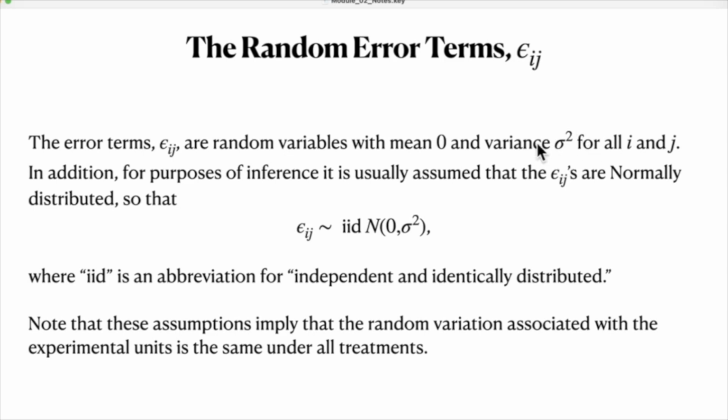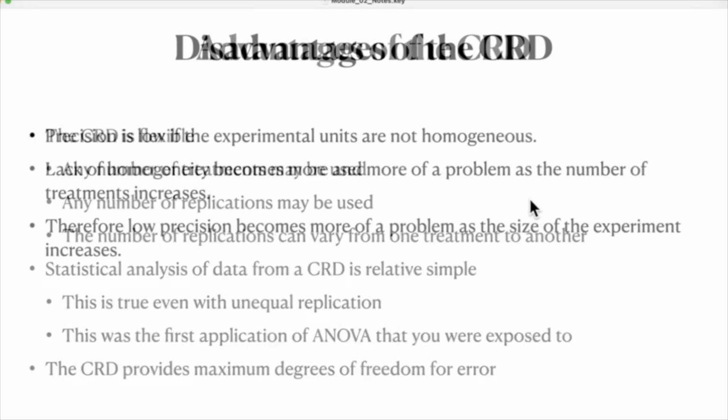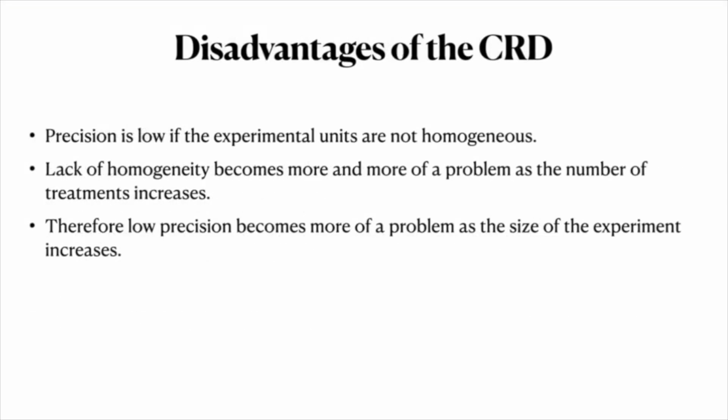But if your experimental units are not homogeneous, if they've got quite a bit of heterogeneity, all right, then what that's going to do is that the variance of the error terms is larger, and when that's the case, then you lose precision.